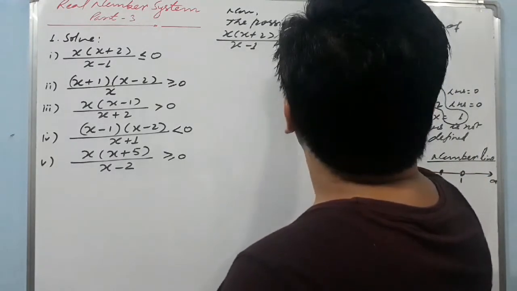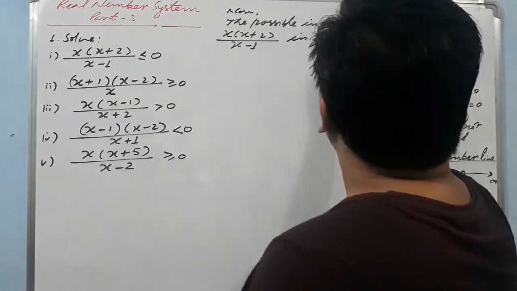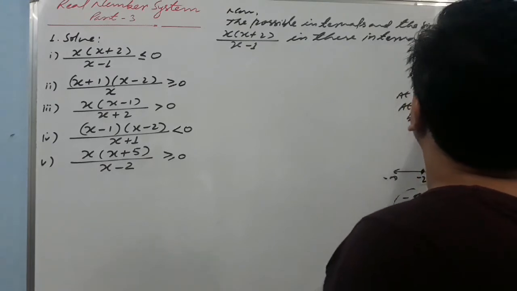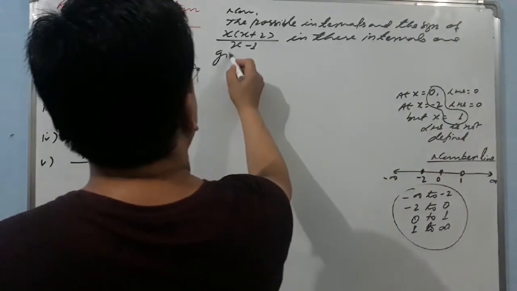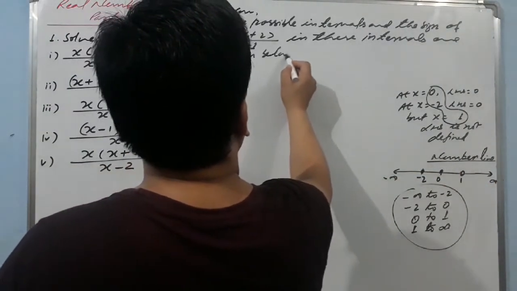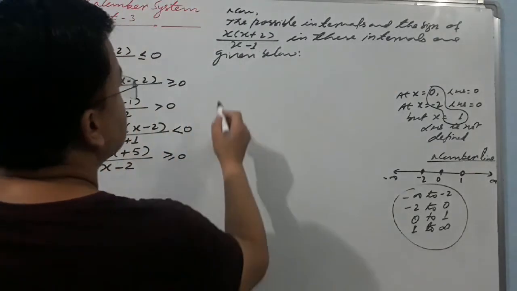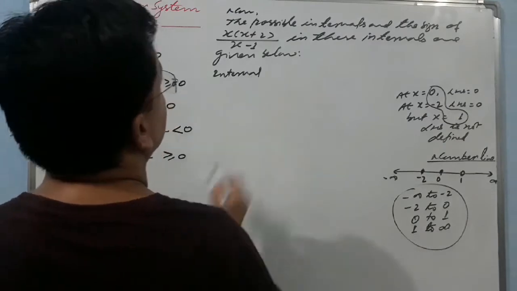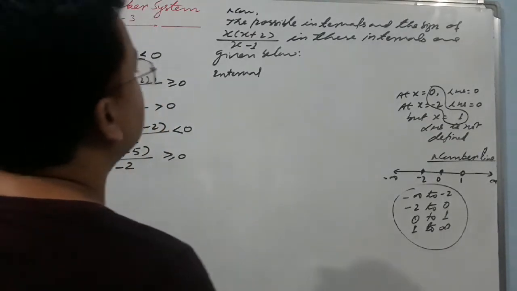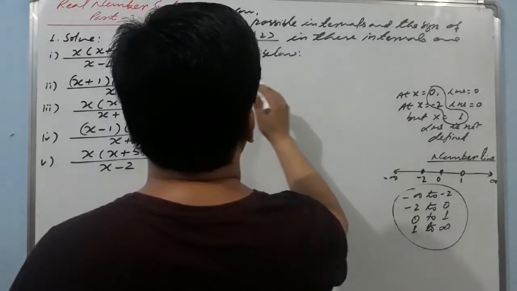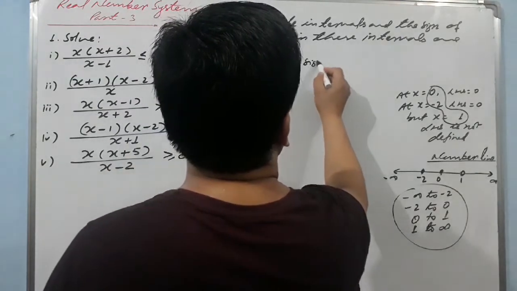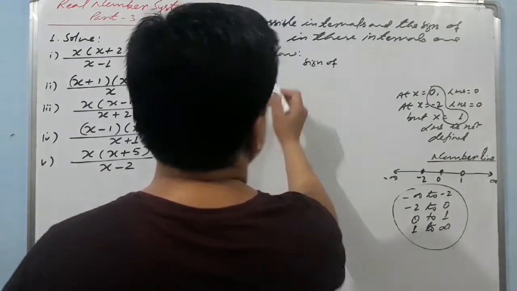Now see, here we are going to make the table: the possible intervals and the sign.